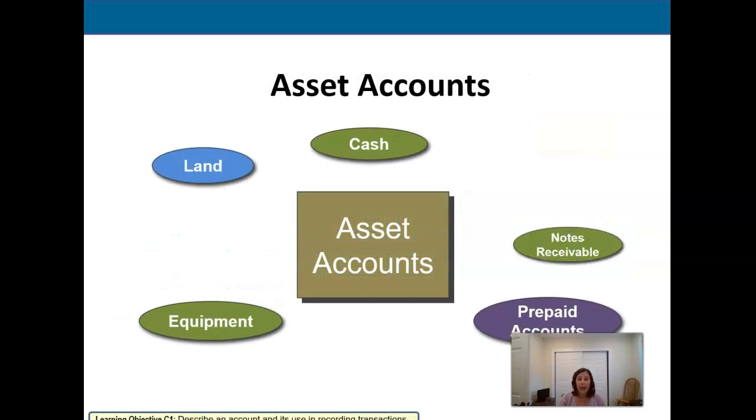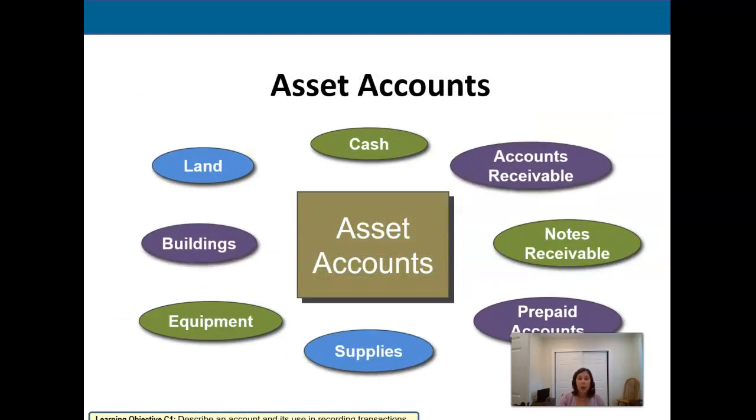Specifically, our assets are going to be things that we own. Probably things that we could touch. Certainly if you touch it, it's probably an asset. But just because we can't touch it, like accounts receivable, those things are still assets.